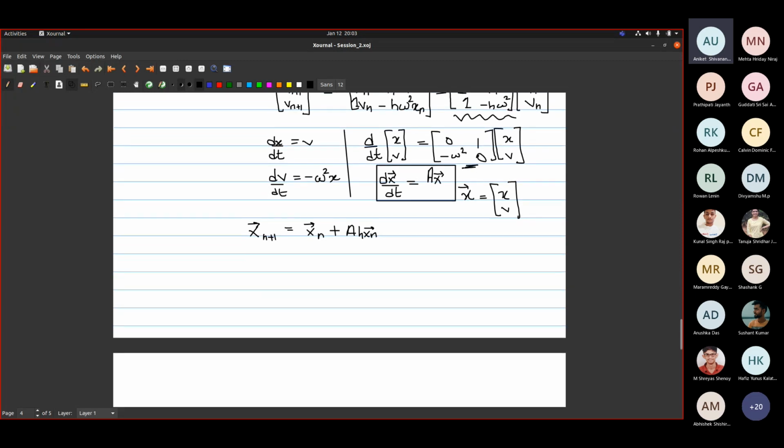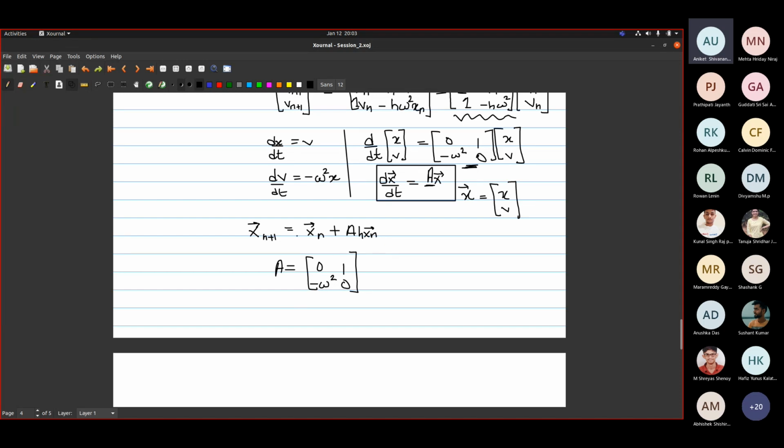Let's look at this matrix A: 0, 1, minus omega squared, 0. This matrix gives us a lot of information about the system. What information does it give us?